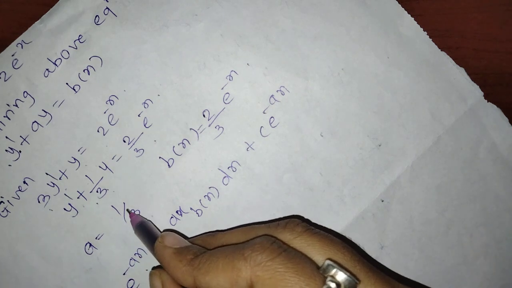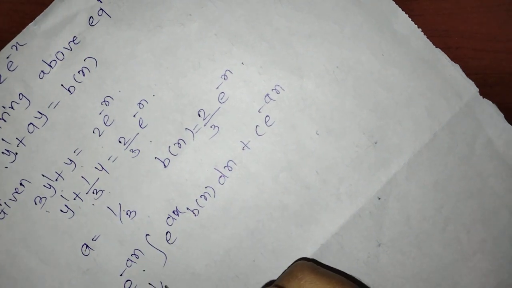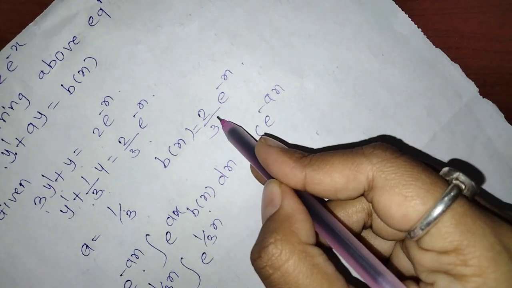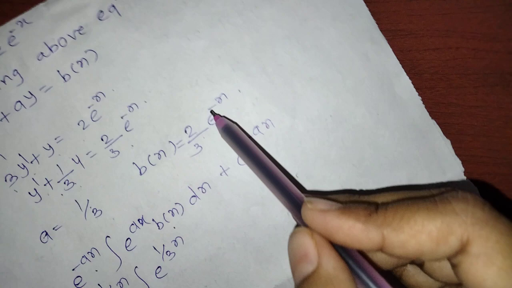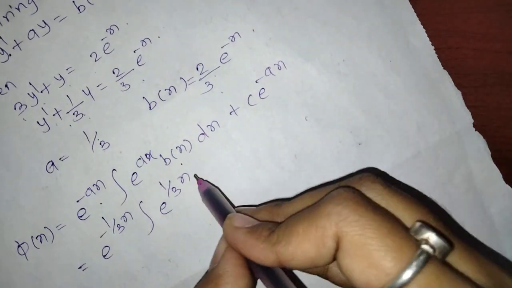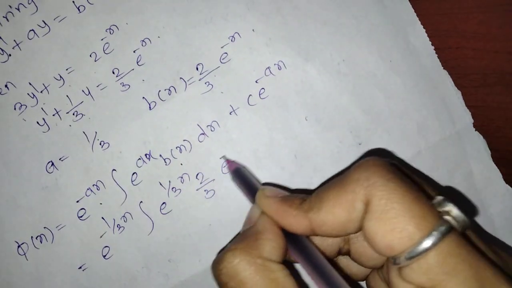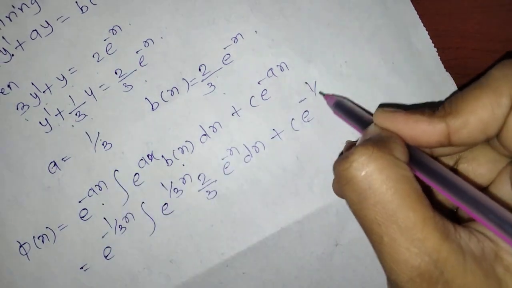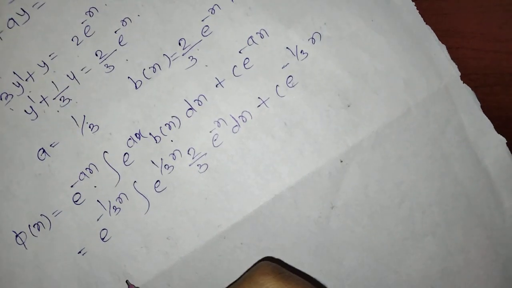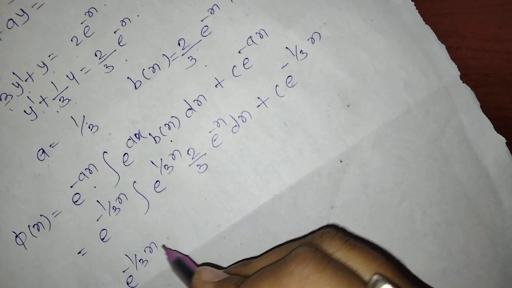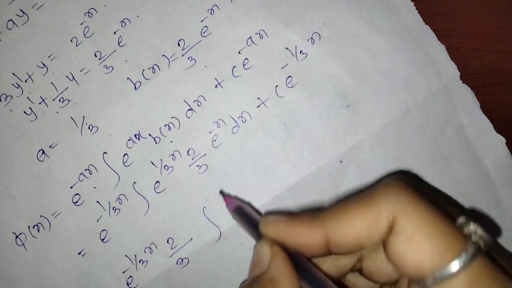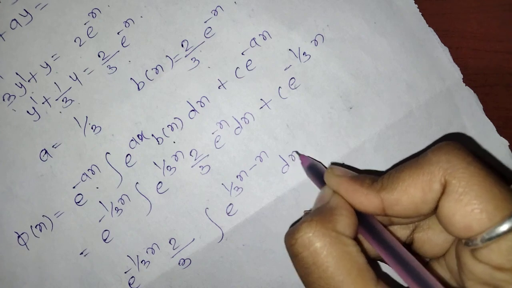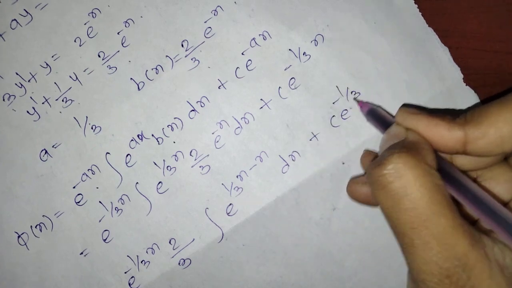Here a is 1 upon 3, so e raised to minus 1 upon 3x into e raised to 1 upon 3x, and b of x is nothing but 2 upon 3 e raised to minus x, dx, plus c e raised to minus 1 upon 3x. This is equal to e raised to minus 1 upon 3x, 2 upon 3 taken outside, we get e raised to 1 upon 3x minus x dx plus c e raised to minus 1 upon 3x.